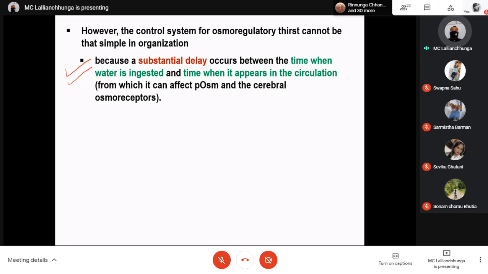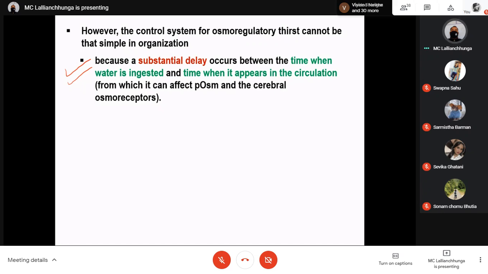Because the blood is not yet diluted, since the water we drank has not reached the bloodstream, but thirst is already over, or inhibited. So satiation of thirst is not a simple mechanism. It is not because of dilution of the blood, but there is some mechanism which is causing satiation for thirst.